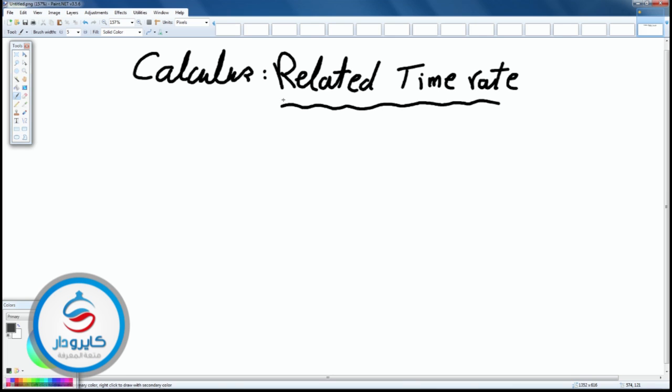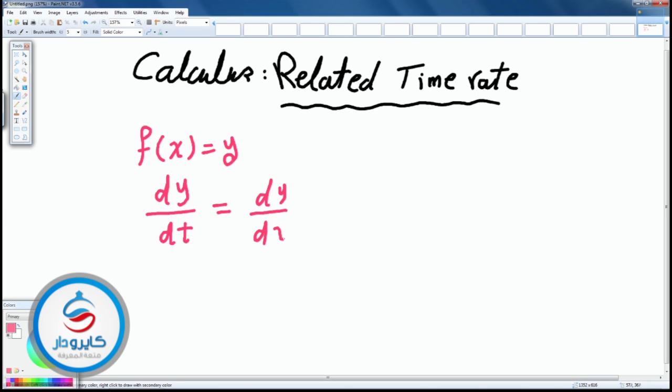Now, if we have f of x equals y, we need to differentiate y now to the time t, which will be dy over dt. dy over dt means dy over dx, as we usually do, multiplied by dx over dt.